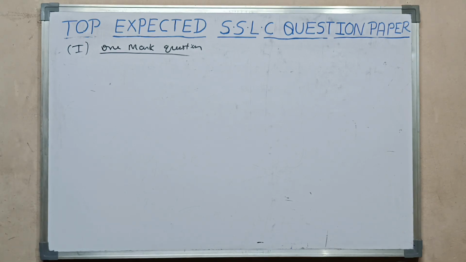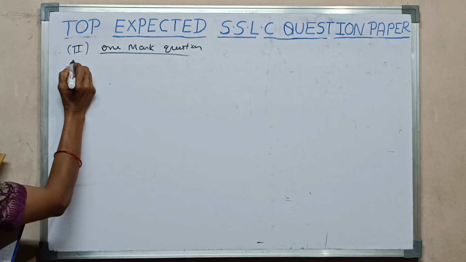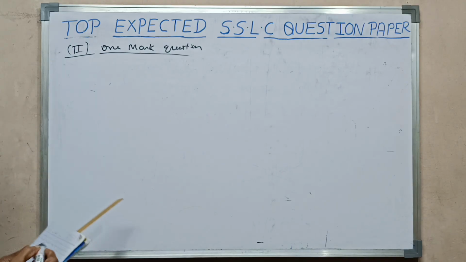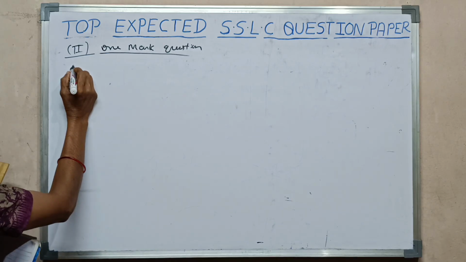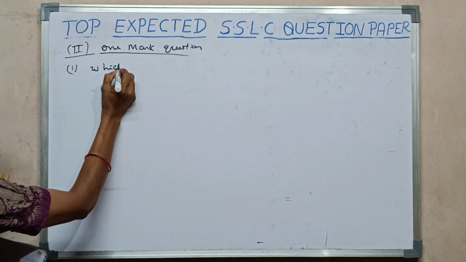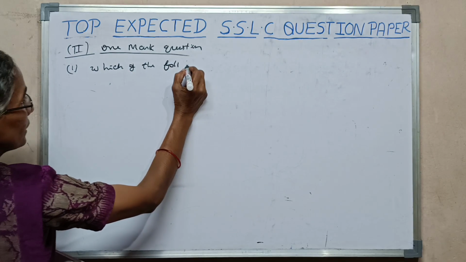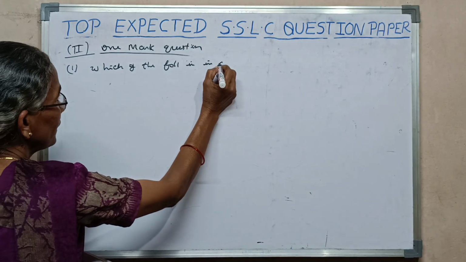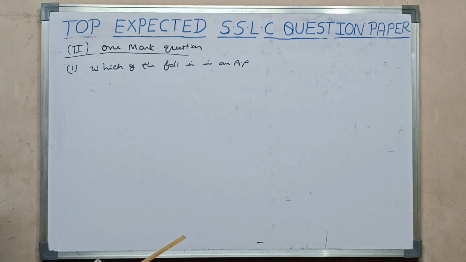Next, second one-mark question. First question: which of the following is in AP? Here four answers are given.